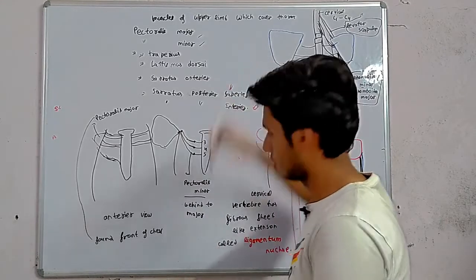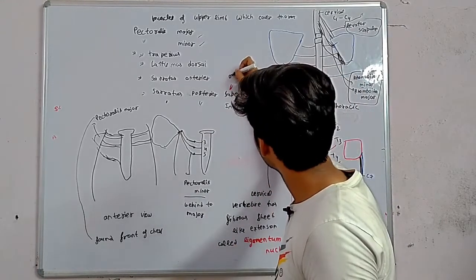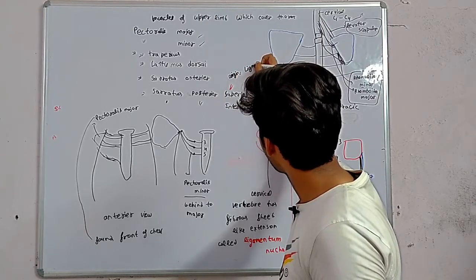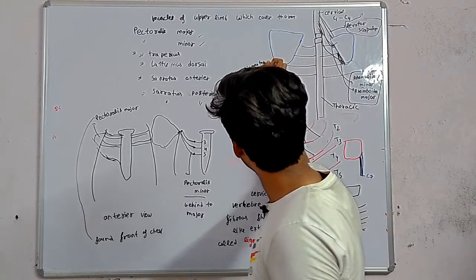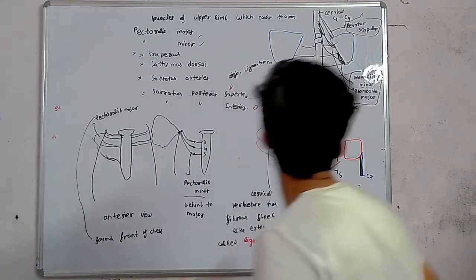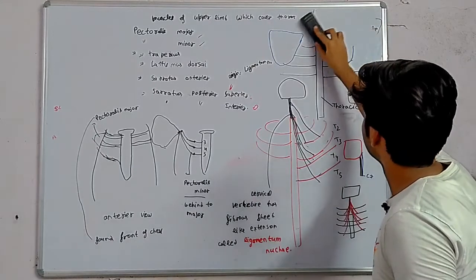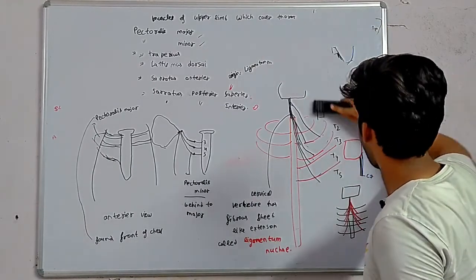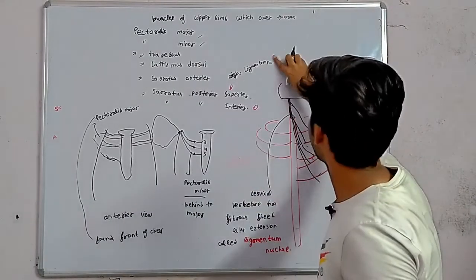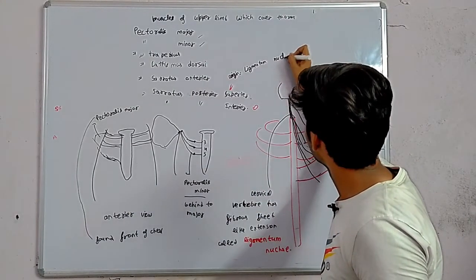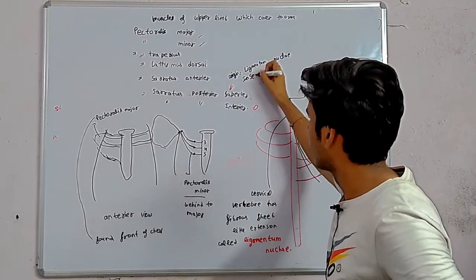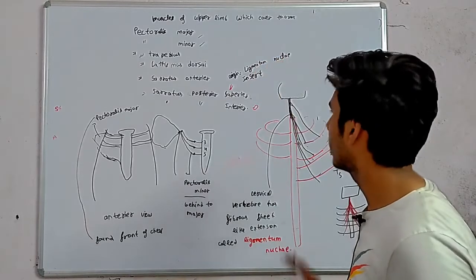Origin and insertion. Origin is ligamentum nuchae and insertion is on the posterior aspect. This is present on the posterior aspect, not anterior.